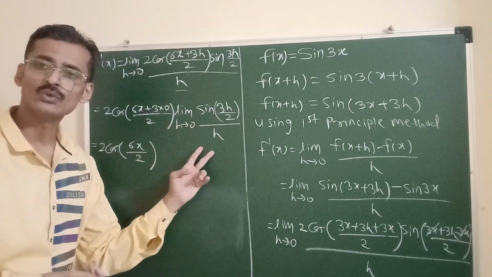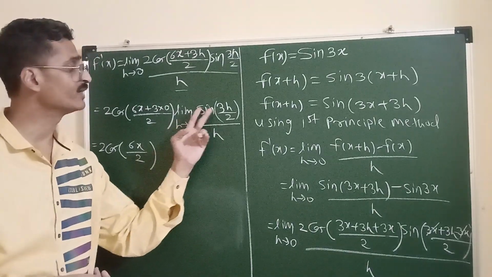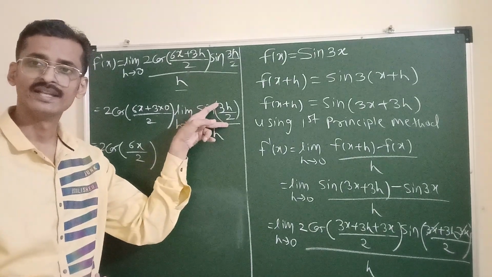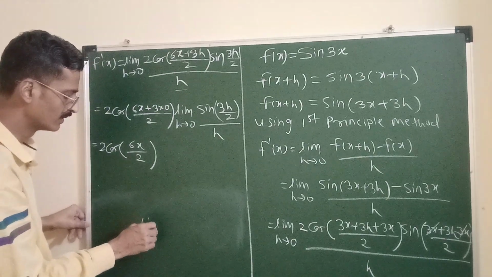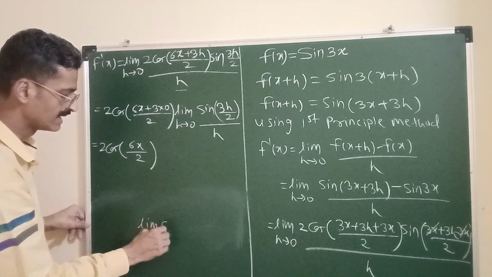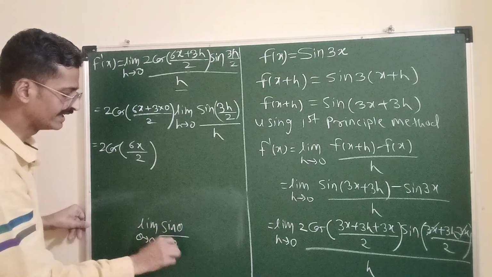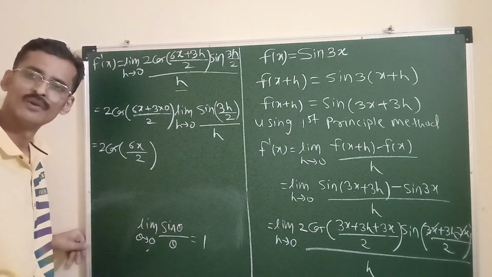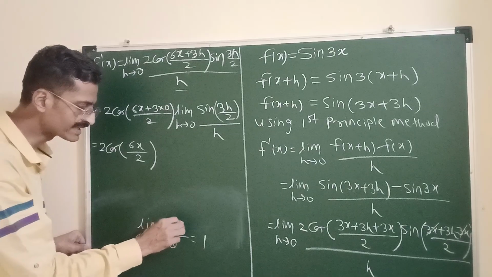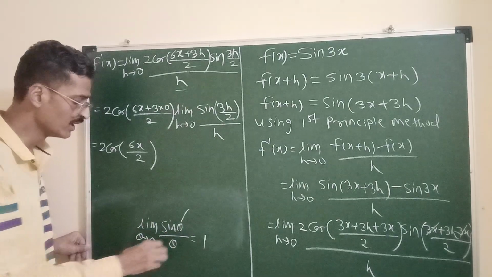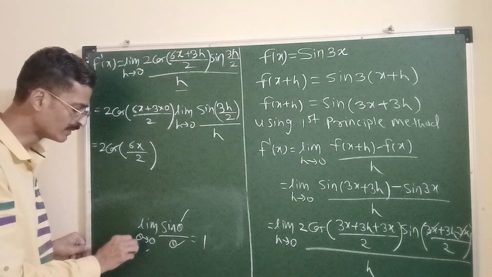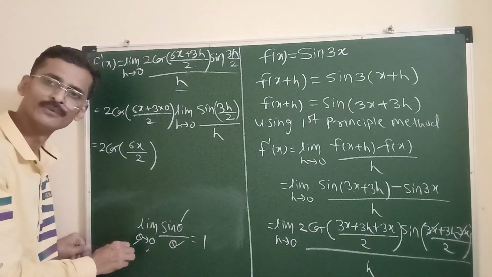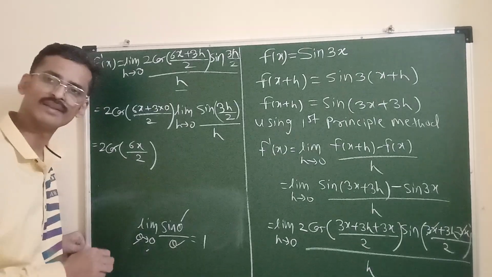Now how to solve this? This is sine of say theta. Now we know that limit theta tends to 0 of sine theta upon theta is 1. So how can we use this? If theta is given in the sine, then we want the same theta in the denominator, and the limit should be theta tends to 0, then our answer is 1.